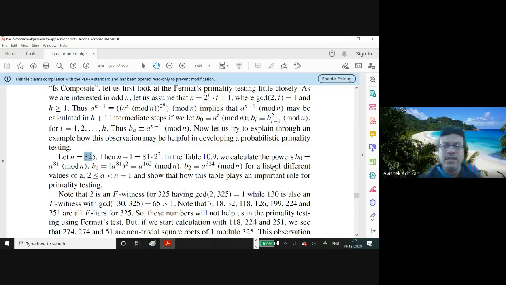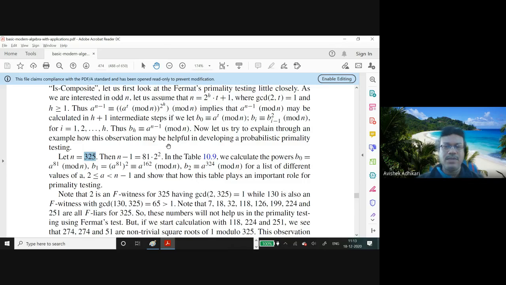So starting with b0, if you keep squaring, within 3 steps, b0, b1 and b2, you will ultimately end up with a to the power 325 minus 1.